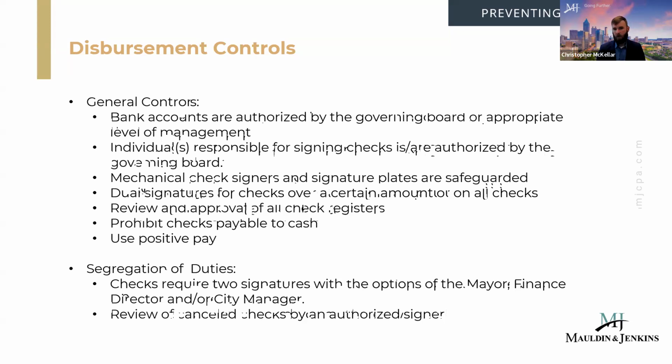This is also where an approved vendor list can help catch any new vendors, or a vendor change report, so that if there's a new vendor added with the same name or a new vendor added that the government doesn't do business with, this is something that can be caught early on.